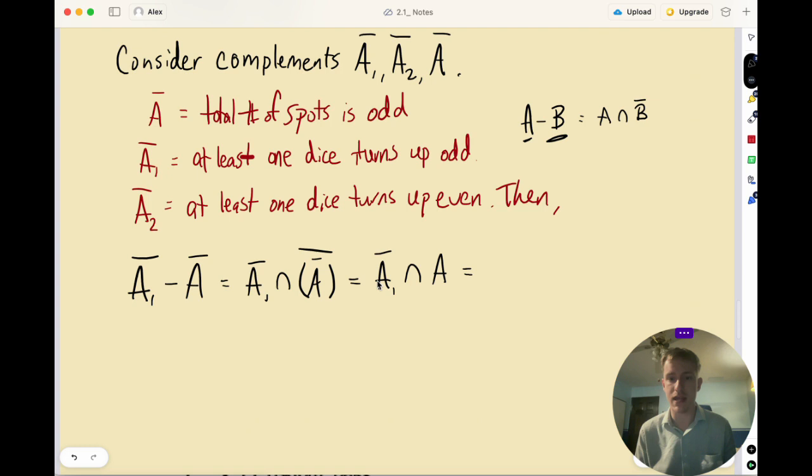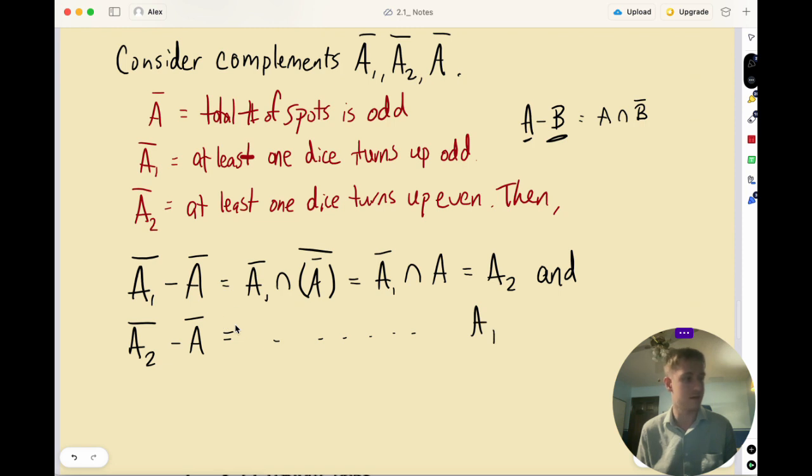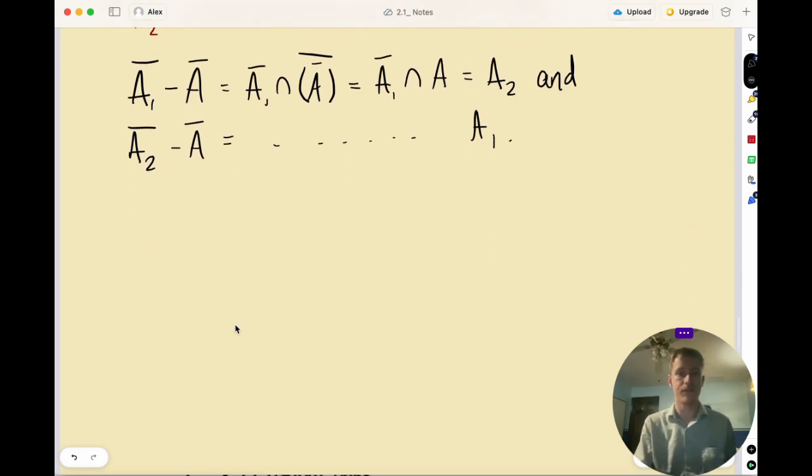Well, that's just going to be A2. Okay, think about that. And likewise, for a similar reason, A2 bar minus A bar is equal to A1.